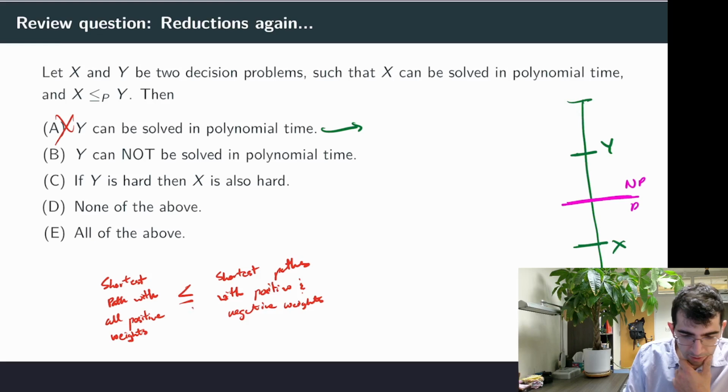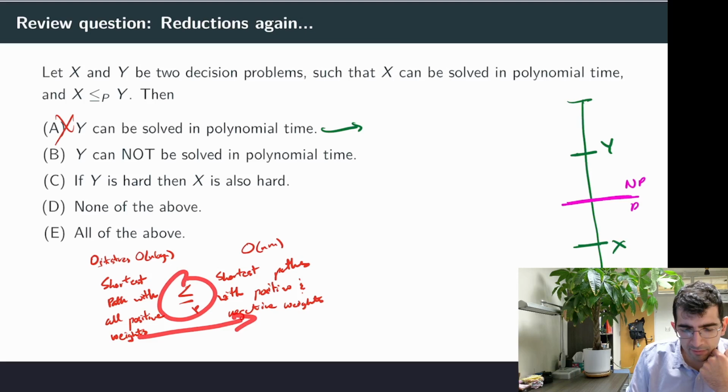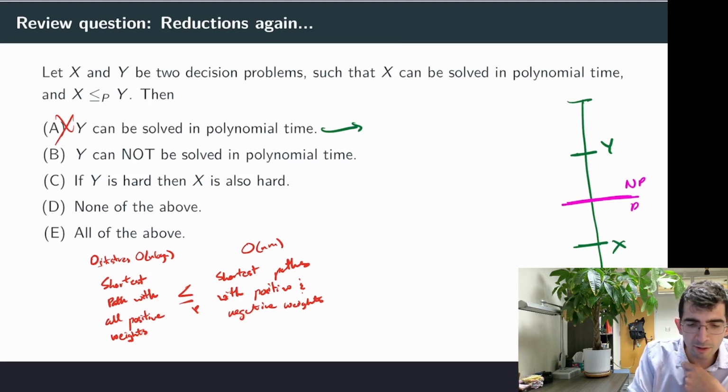In polynomial time, we have Dijkstra's for this, which takes O of n log n, and we have Bellman-Ford for this, which takes O of nm. So this reduction still works. So y could be polynomial time. So this isn't true.